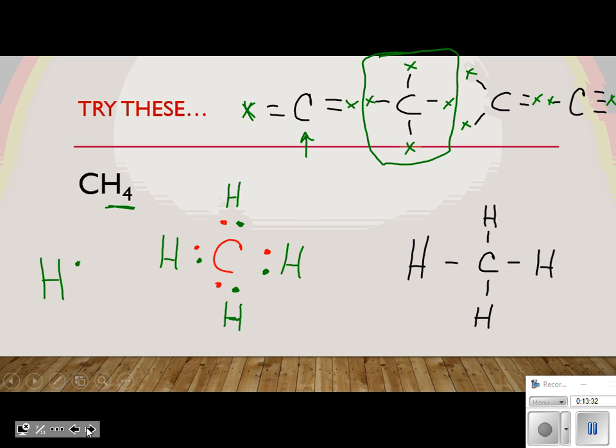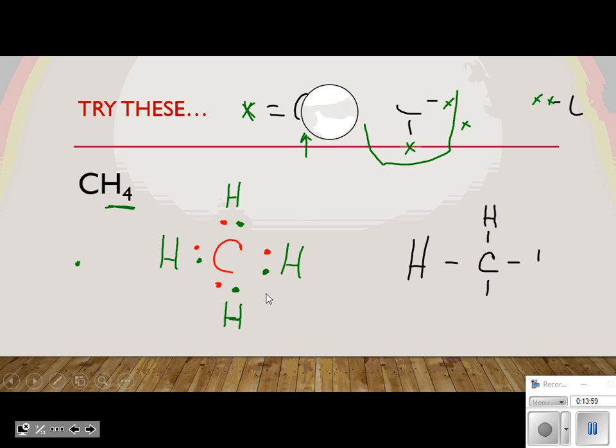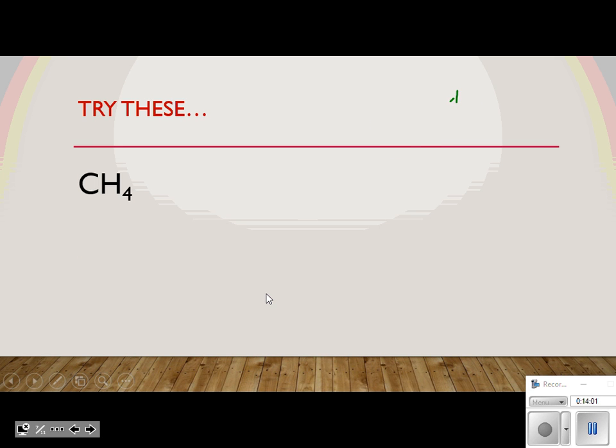Now, what I like to do, folks, when I'm drawing these, is have different colors out. So when you're making these, I think it's helpful to see whose dots belong where if you use the different colors. It helps me picture it a little bit better. Okay, so we've got 1 in the books.